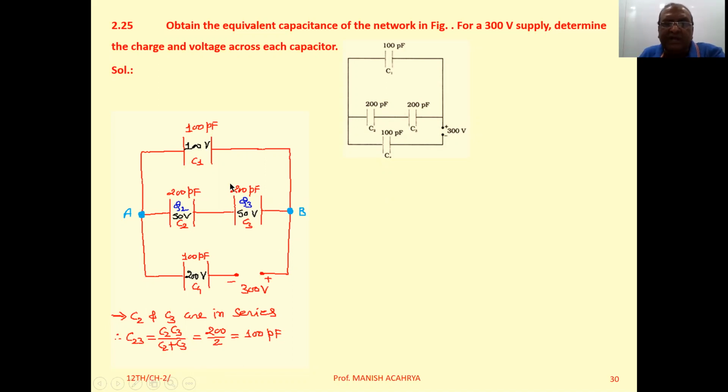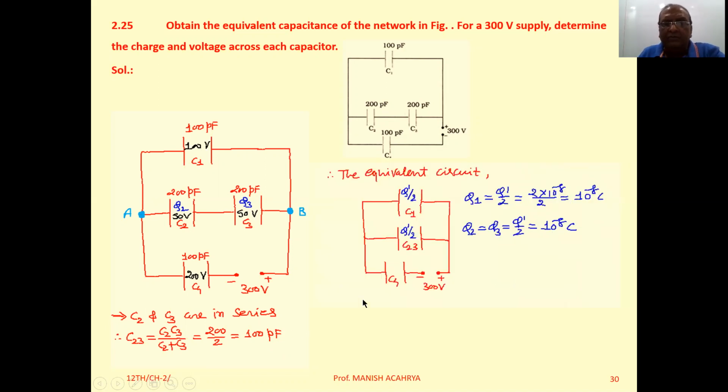Now we can replace these two capacitors C2 and C3 by only one capacitor having capacitance 100 picofarad. Now the equivalent circuit will be as shown in the figure.